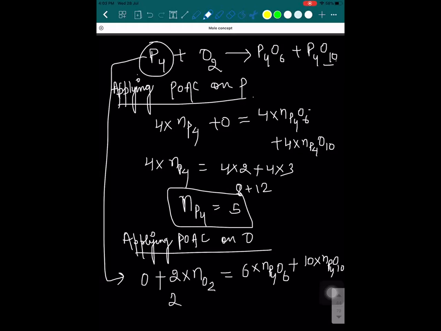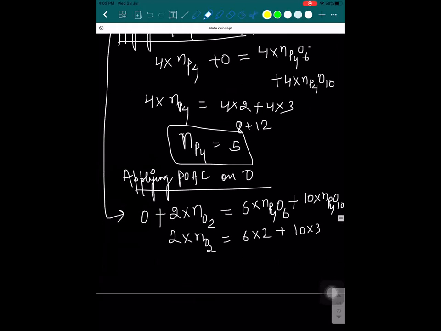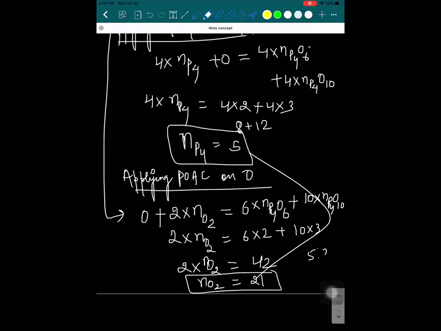What does it mean? 2 into number of moles of oxygen is equal to 6 into 2 plus 10 into 3. How much is it? 6 into 2 is 12 plus 30. How much is it coming? 42. So number of moles of oxygen is coming out to be 21. So the ratio will be what? 5:21.